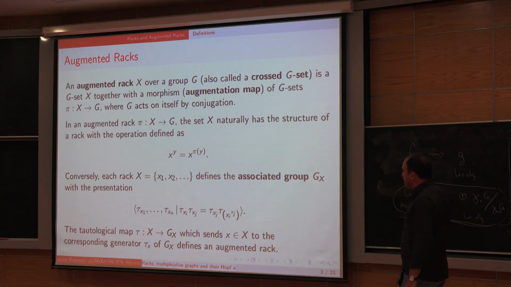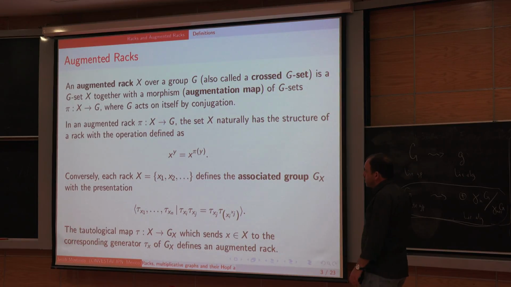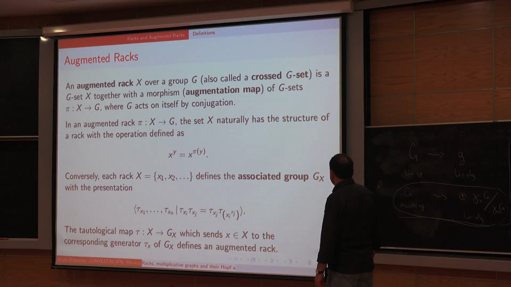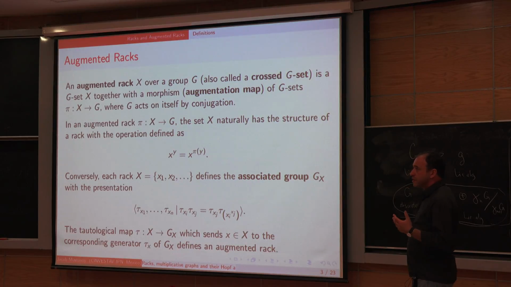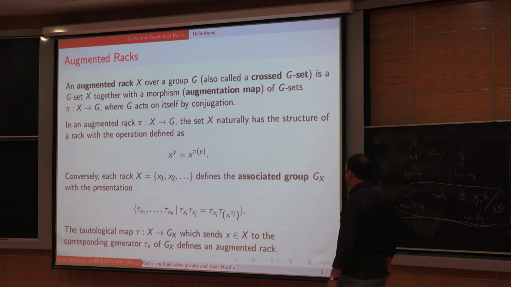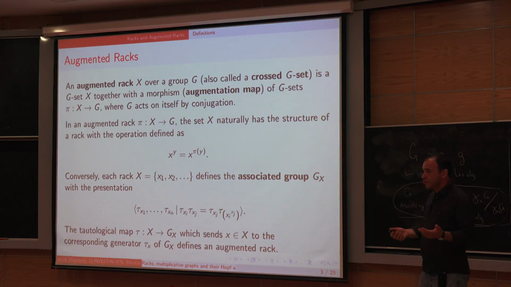This is the idea. So if you have an augmented rack, then X is canonically a rack, and on the other hand, if you have a rack, you can define an associated group. You can associate many groups with a rack, but there is one canonical group which is called the associated group, and basically we try to imagine that a rack is a conjugation rack of a group, and we try to reconstruct this group.